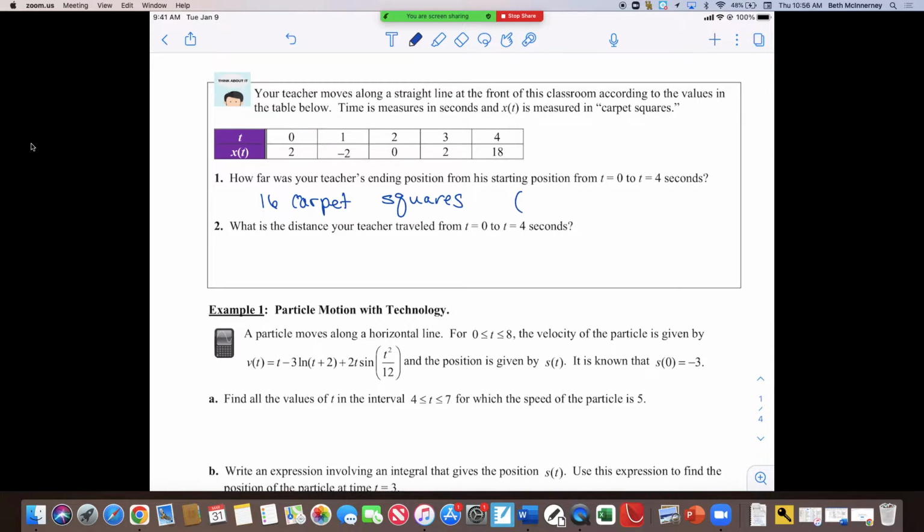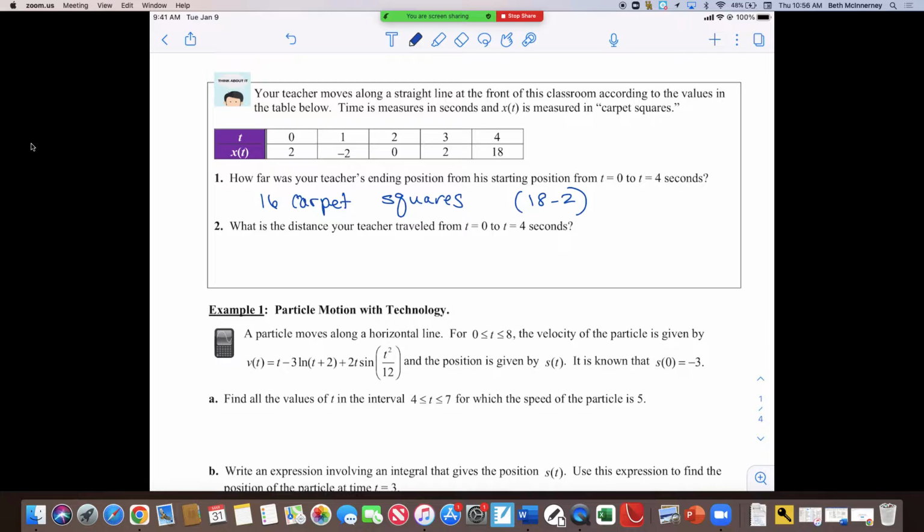Okay. All right, Kai, did your table get 16? Oh, okay. So how far from your teacher's ending position from the starting position? So you're 2 to the right, and then you land at 18. Even though the teacher has moved back and forth, all you do is ending position minus starting position.